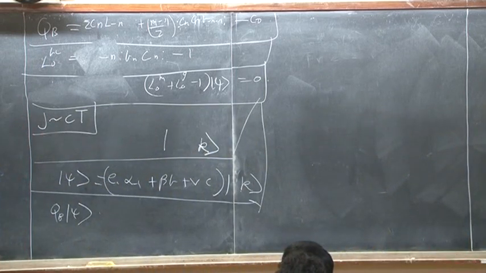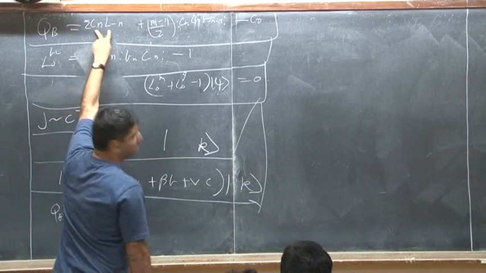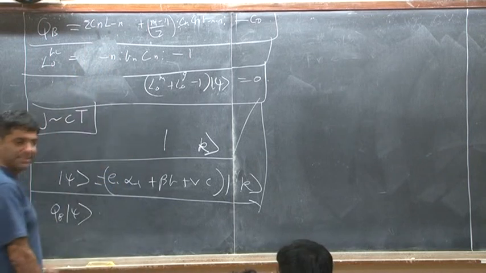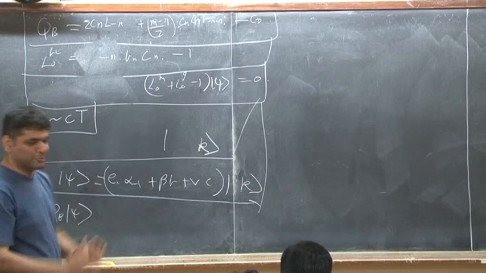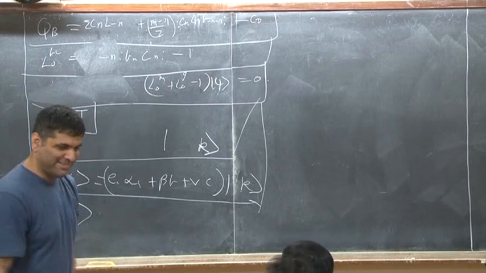Let's look at this carefully. Firstly, let's look at what happens when we act with this term on any of these lines. I'll just go through it, because someone said he was very confused.